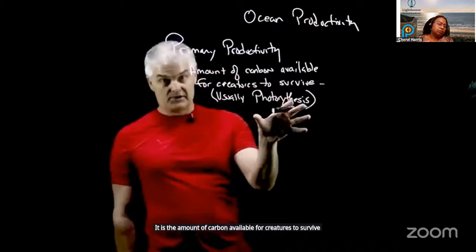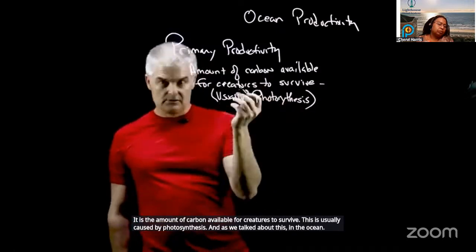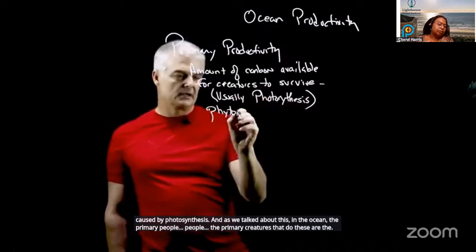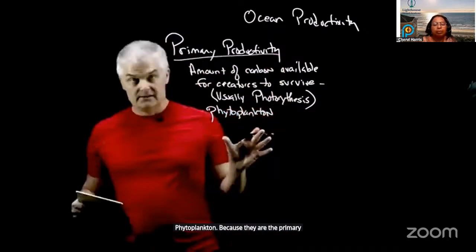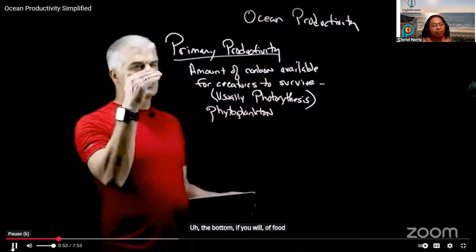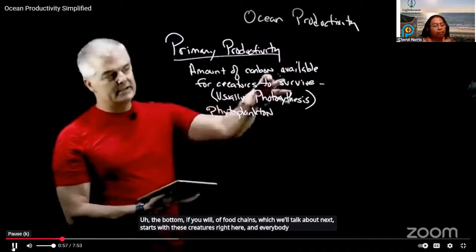This is usually caused by photosynthesis. And as we talked about, in the ocean, the primary creatures that do this are the phytoplankton. Because they are the primary, most of the bottom, if you will, of the food chain, which we'll talk about next, starts with these creatures right here, and everybody eats them, who eats them, who eats them.